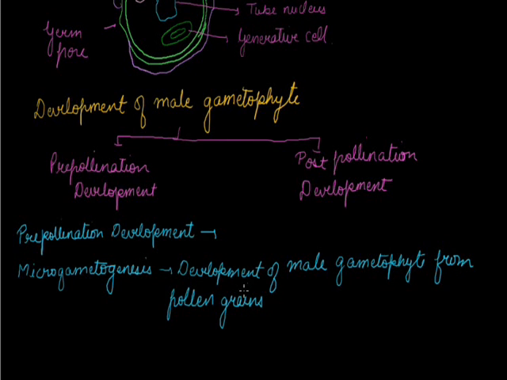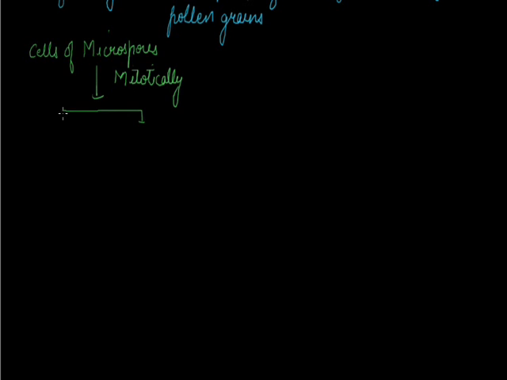Pollen grains develop in the anther, so it is precocious or in situ germination. The cells of microspores divide mitotically to form two types of cell, that is a large tube cell and a small generative cell.